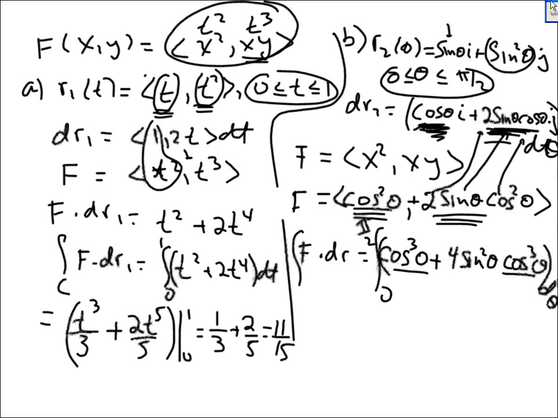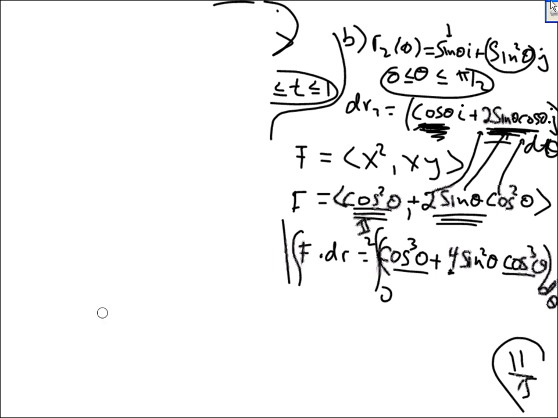Remember, the first part gave us 11 over 15, and I want to make sure I get the same answer for this new part. This is showing independence of path.